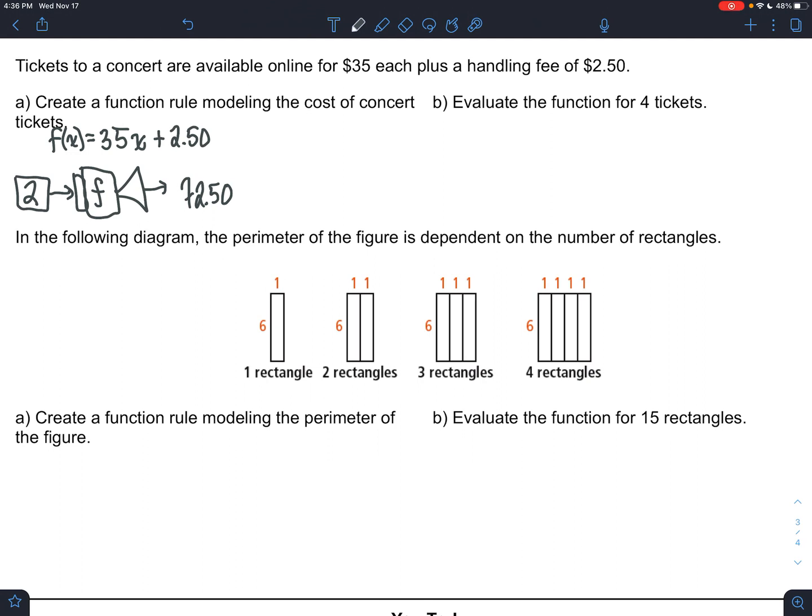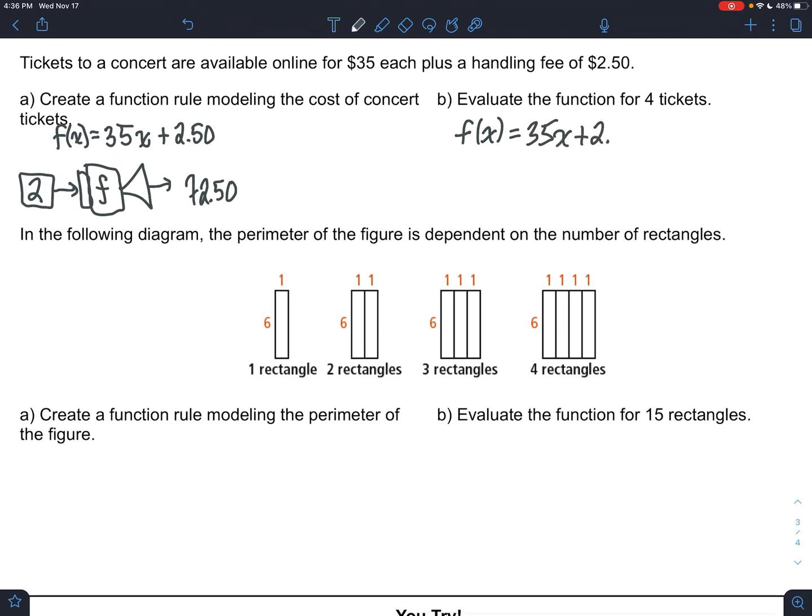So that's the function rule: multiply the number that comes in by 35 and add the handling fee. So that's part A. I mean, that is the function rule, however you want to think about it.